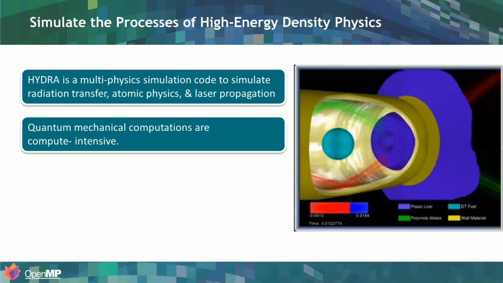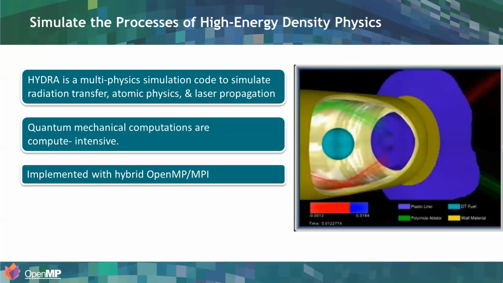Again, this is a quantum mechanical computation, which is compute intensive. In this case, we compute the laser photon properties. They go along a specific laser beam. Hydra has been implemented with hybrid OpenMP and MPI.